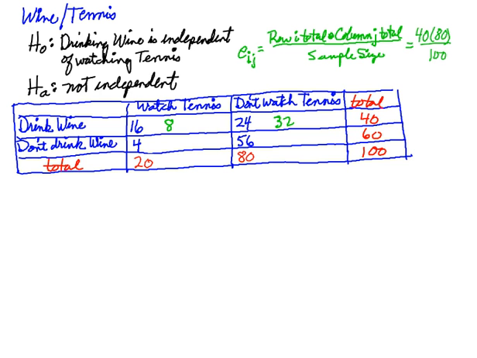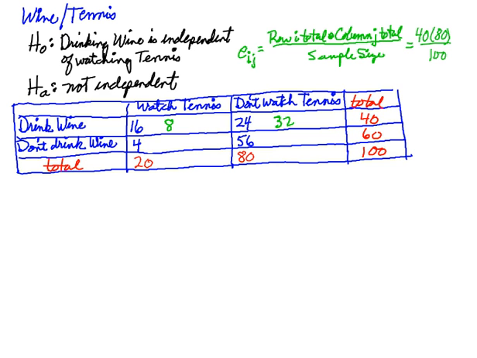So we would expect that 80% of the 40 people that drink wine are people who don't watch tennis. So out of 100, 20% watch tennis, 80% don't. So out of the 40 total that drink wine, 20% of them watch tennis, which is 8, and 80% of them don't watch tennis, 32.